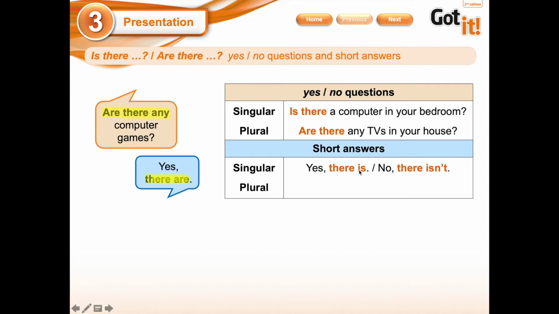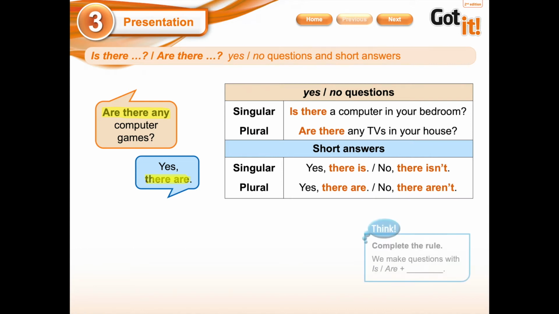You cannot use it like that. You have to form an answer that is positive in its complete form. So again, positive, positive, negative, negative. And what happens with the other question? Are there any TVs in your house? Yes, there are. No, there aren't.